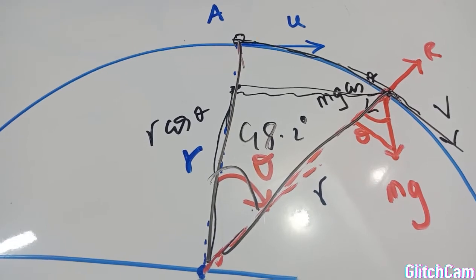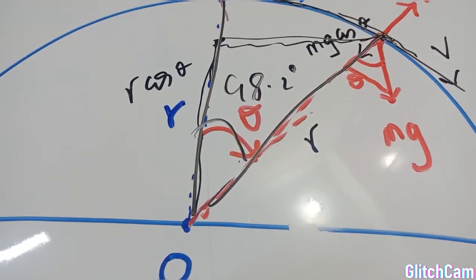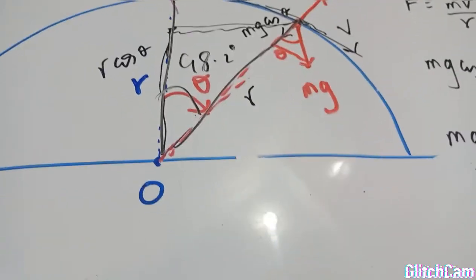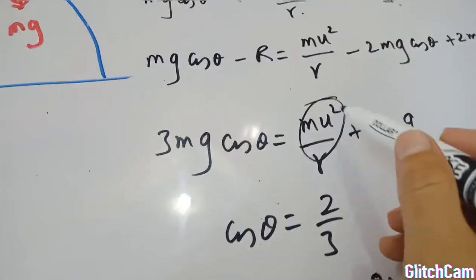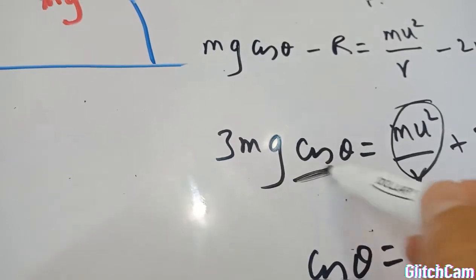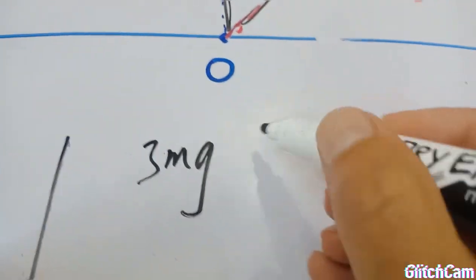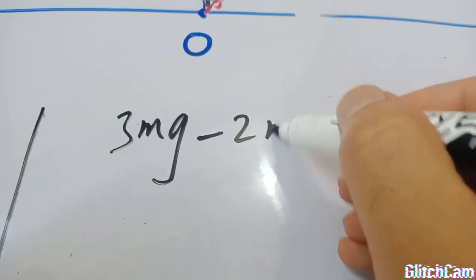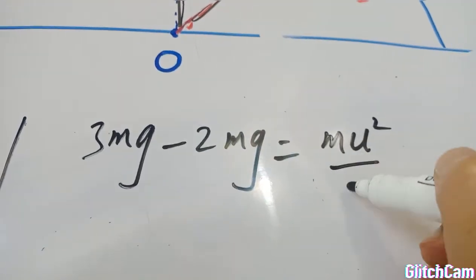For that purpose, you will have to put theta equal to 0 in this equation, without putting u0 over here. When you put theta equal to 0, this cos theta becomes 1. So you have 3 mg minus 2 mg, that is equal to mu square over r.